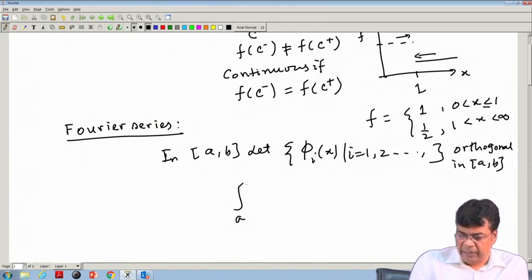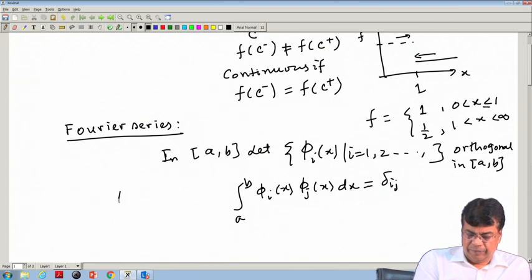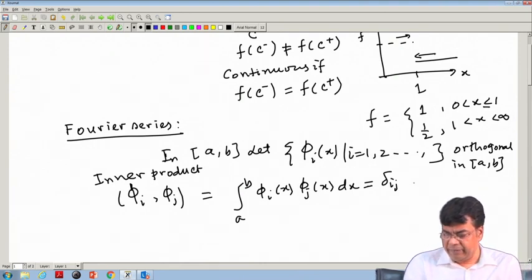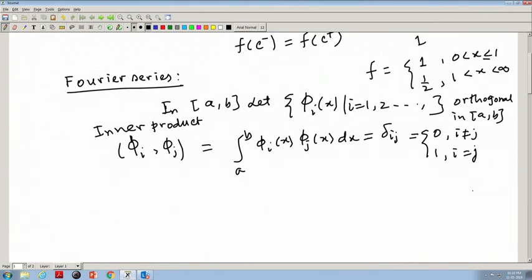That means the inner product of these two functions, the integral of phi_i(x) phi_j(x) dx, is equal to delta_ij. We can write this as the inner product or dot product of phi_i and phi_j. Delta_ij is equal to 0 if i is not equal to j, and 1 if i equals j. If this kind of situation occurs, it is referred to as an orthogonal function set.